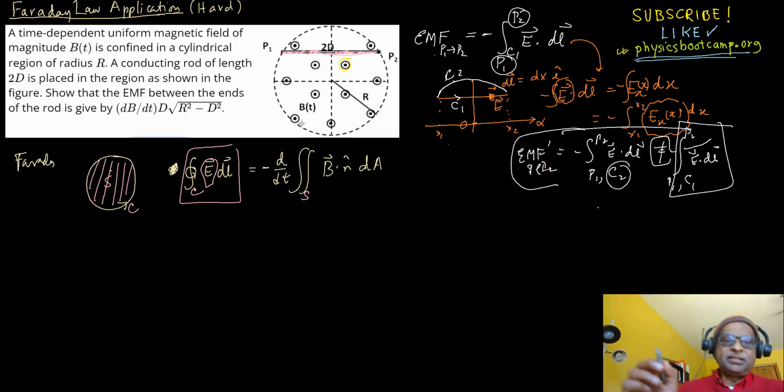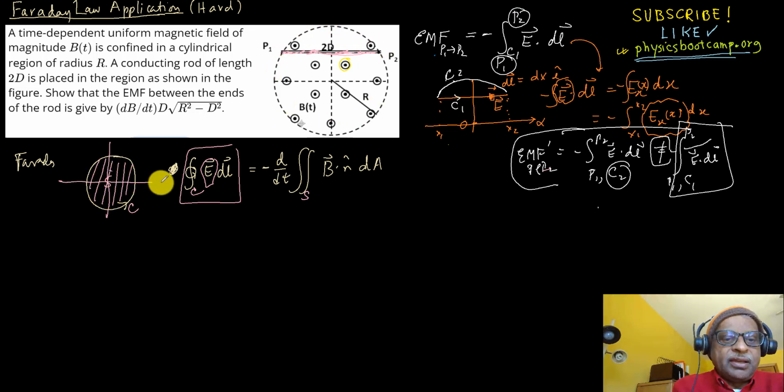Okay, so how do we figure this out? Let's try some arbitrary point. We're trying to figure out some arbitrary point P. So that's the point P, and we imagine that we have a circle that goes through that point P, and this is going to be my circulation.